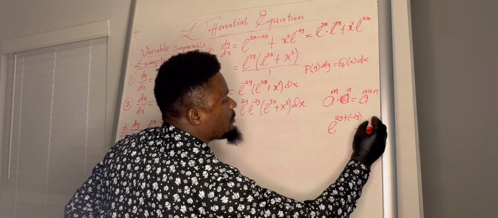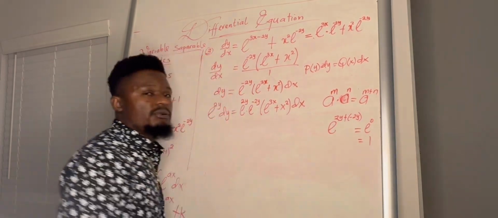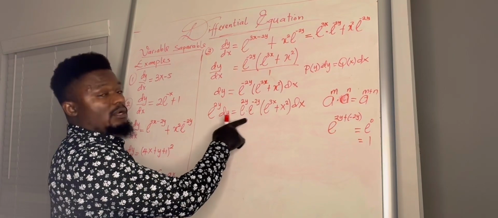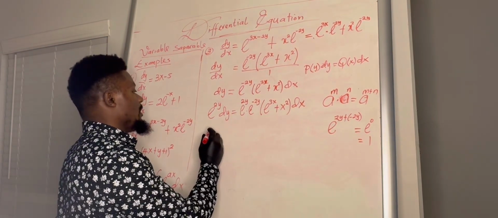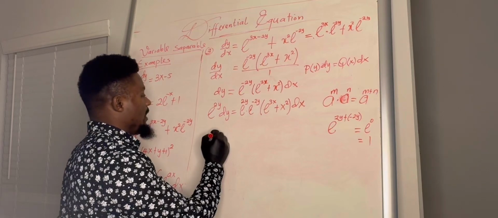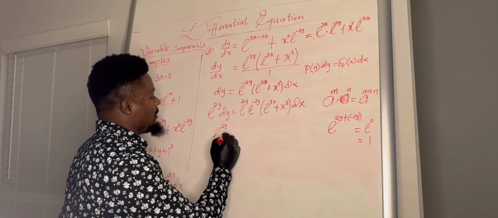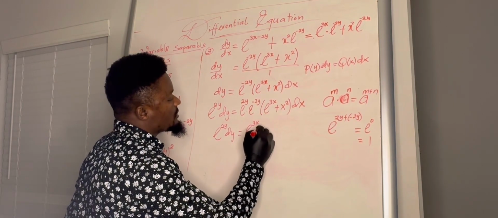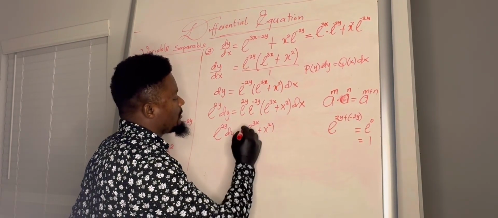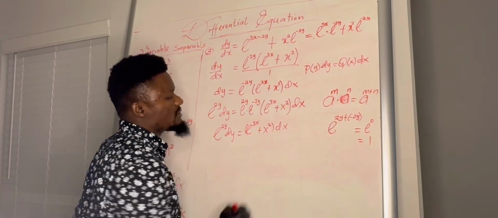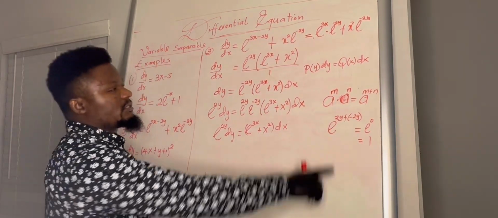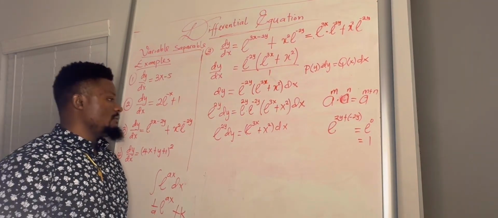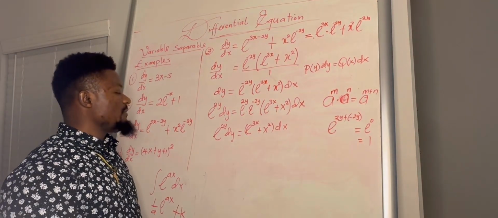This is expo of 0. Anything raised to the power 0 is 1. Meaning that all of this is 1. And now I can conveniently write expo of 2y dy equal to expo of 3x plus x squared dx. Now, this looks exactly like the standard form of a variable separable differential equation.